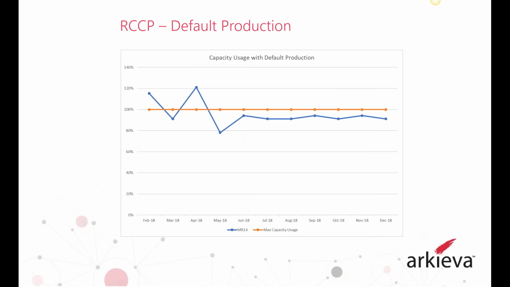And then if I go to the next slide, it shows us that the orange line represents the 100% usage of the capacity. And as you can see, in the month of April, we are above that capacity limit by about 20%.